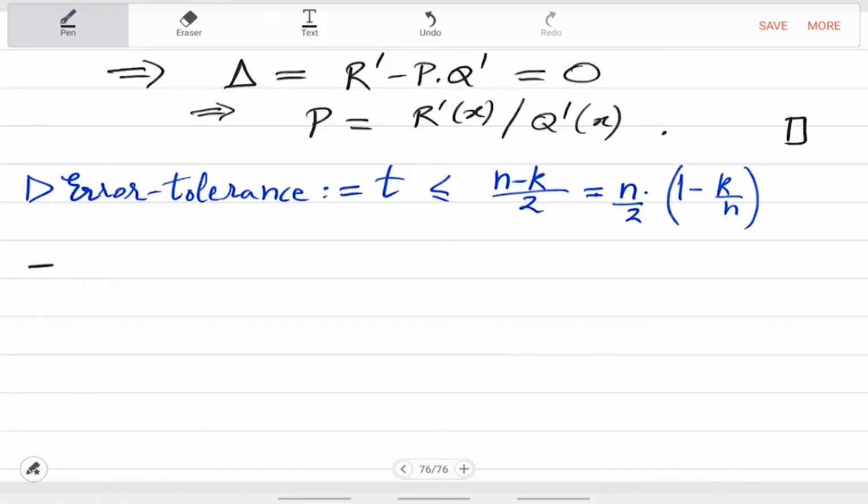So you wanted 2 raised to b to be at least n, and capital N was b times k. Yeah, I mean there are many possibilities. So you can take b and k to be, let's say, square root of big N, and then you can compare the two.